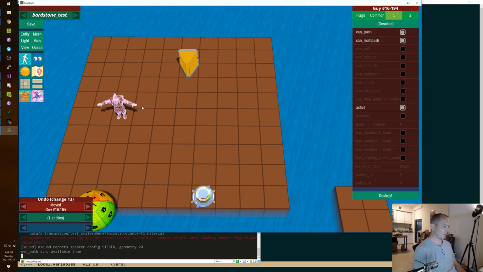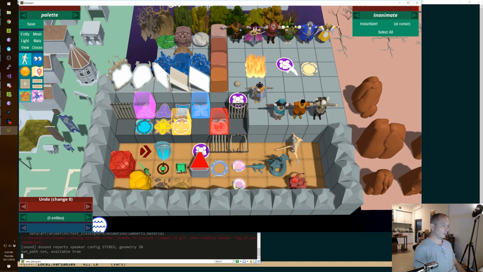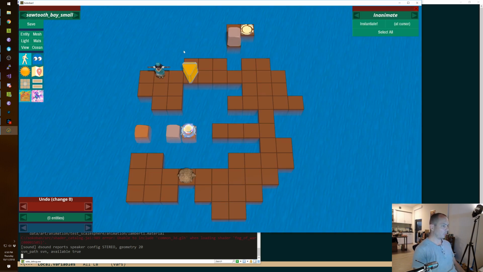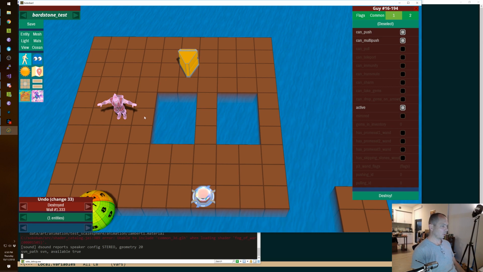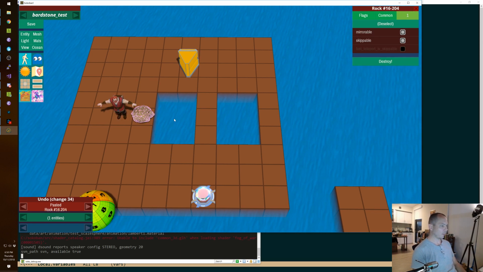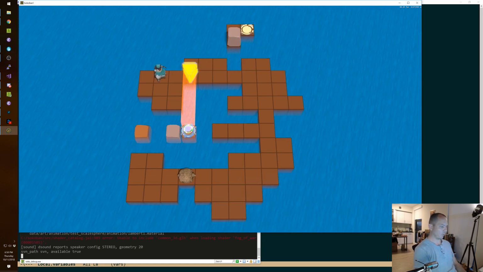So if I push this stone from here to the right, normally it would stop there, but because there's this beam here, it'll go. Now this will actually work, I believe.